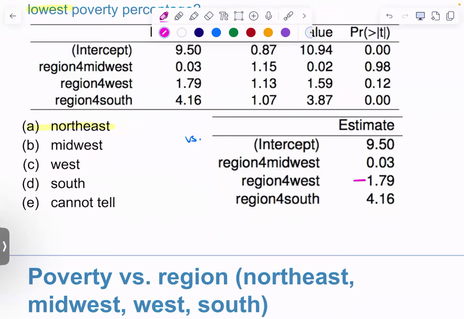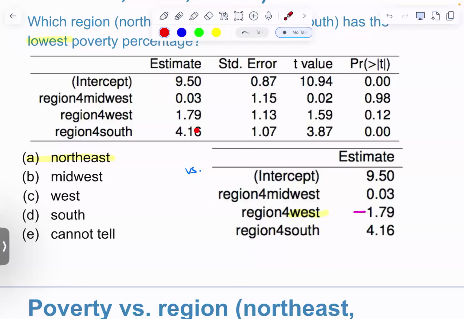What that would mean is that the West would have a 1.79% lower than the Northeast. And so in this case, it would be the West that would have the lowest. But because all the other ones in the original are adding to the reference level, the reference level is the lowest. Okay.